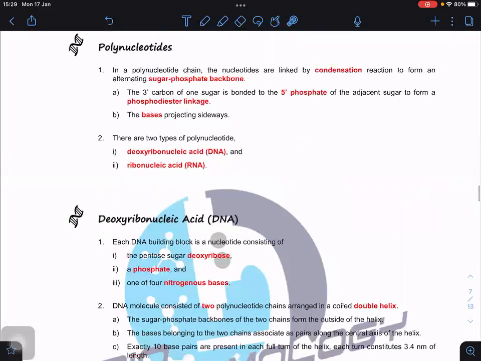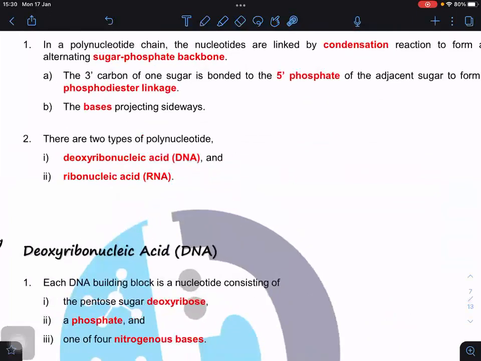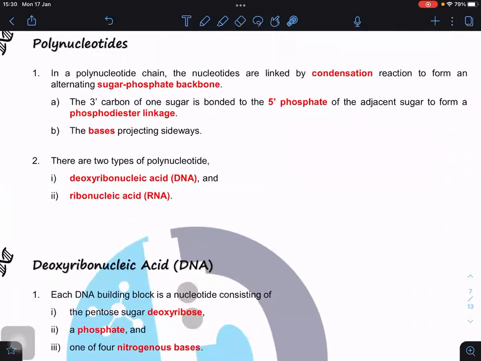How about polynucleotides? They are linked by the condensation process, forming an alternating sugar-phosphate backbone. The 3' carbon of one sugar is bonded to the 5' phosphate of the adjacent sugar to form a phosphodiester linkage, with the bases projecting sideways.